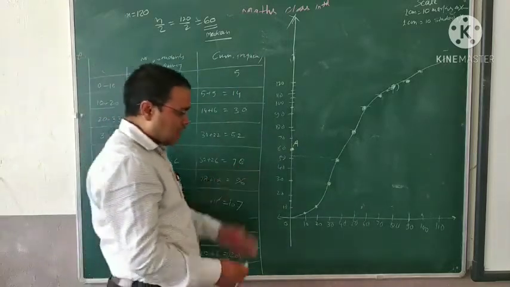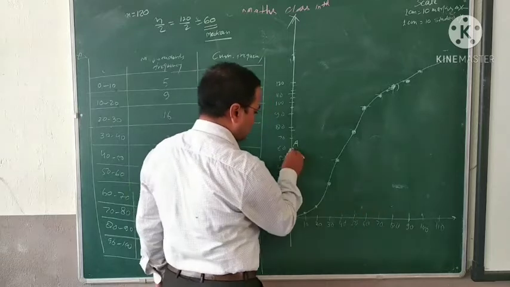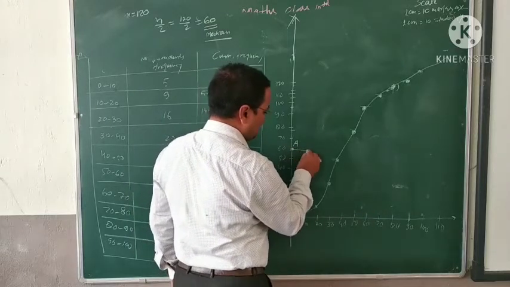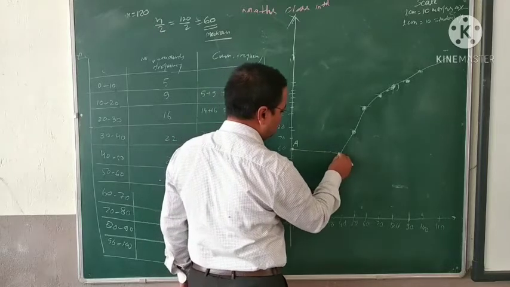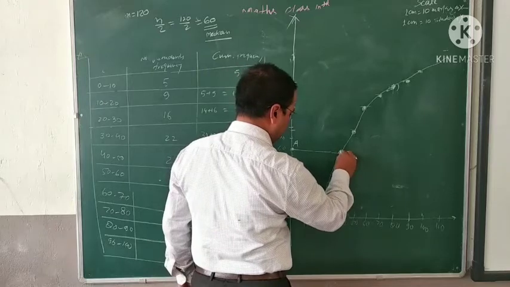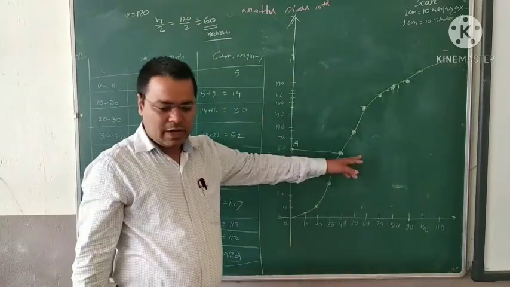Now from this point A at 60, we draw a line parallel to the x-axis, which intersects the curve at this point.